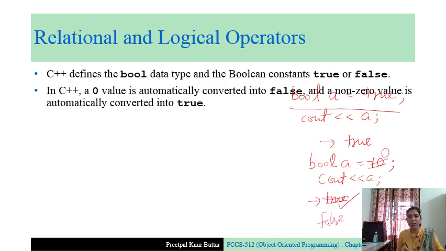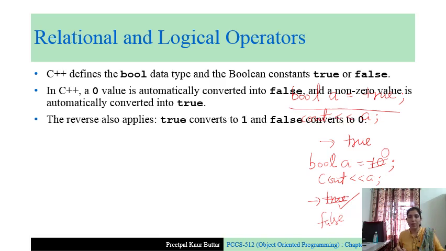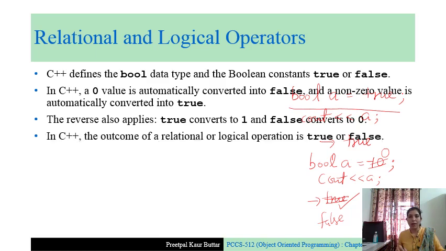Because a 0 value is automatically converted into false. The reverse also applies. True converts to 1 and false converts to 0. In C++, the outcome of a relational or logical operation is true or false, that we already saw in the previous slide.